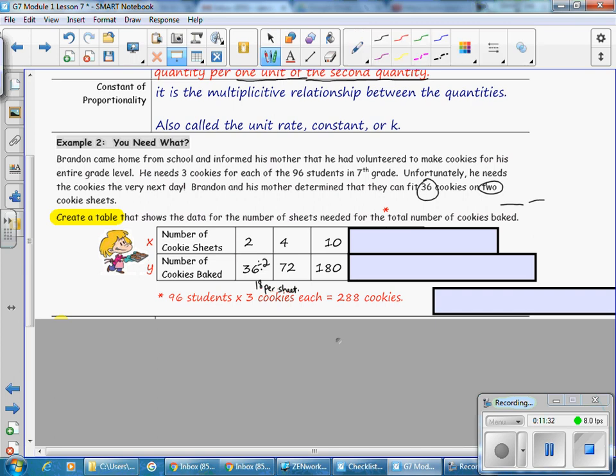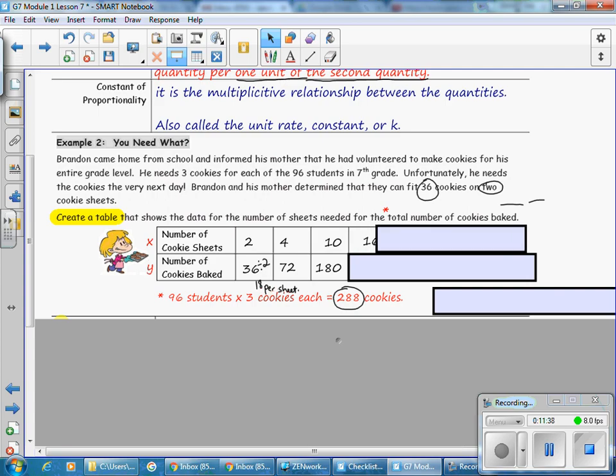And we know that we need 288 cookies, so we're going to keep going. And let's see how many cookies we can make with 16 sheets. So 16 times 18, go ahead and calculate that. And the answer is 288 cookies.